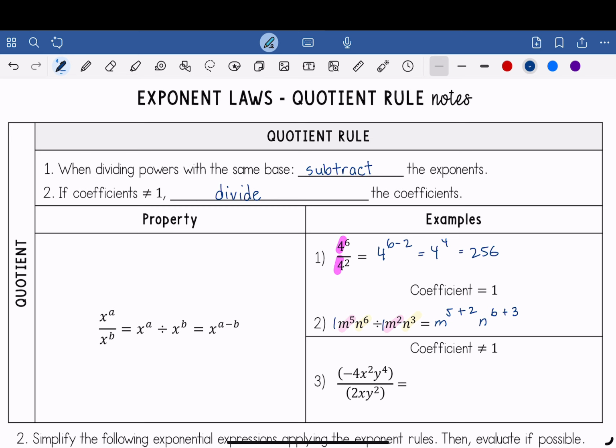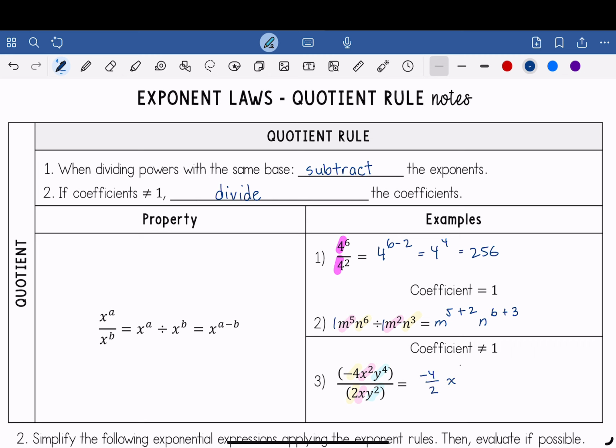Now, if the coefficient is something other than 1, you're going to also divide the coefficients. So we have here the first coefficient is negative 4 and 2. And then x's and x's is the next base, and the y's. So negative 4 divided by 2.